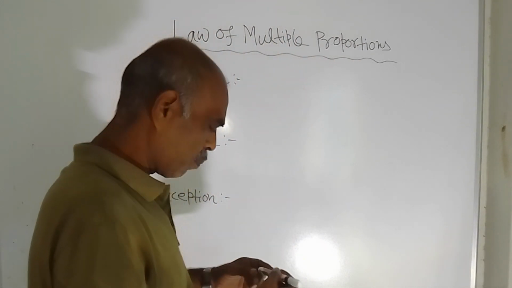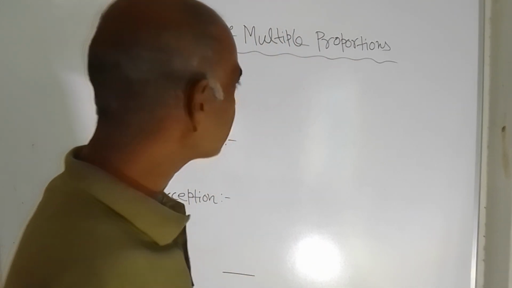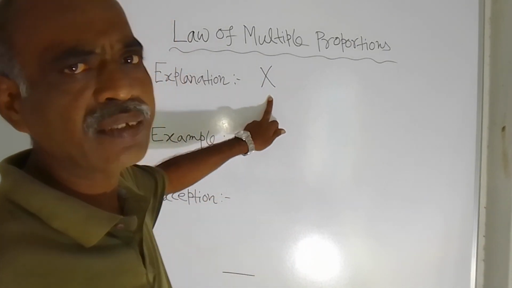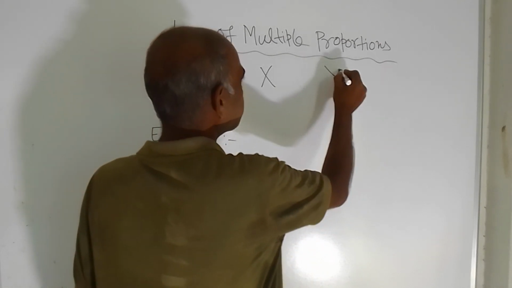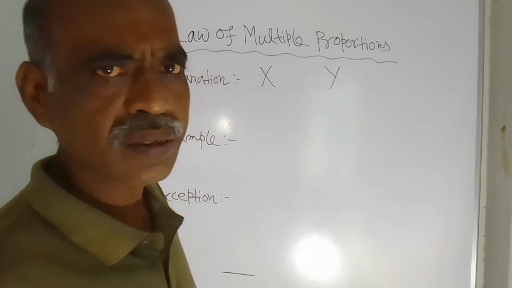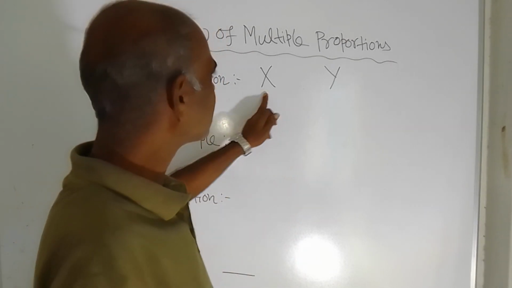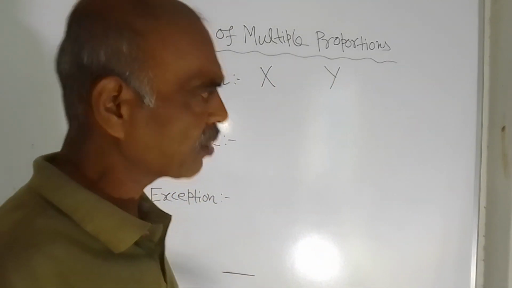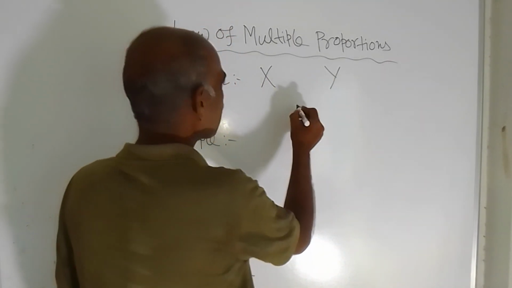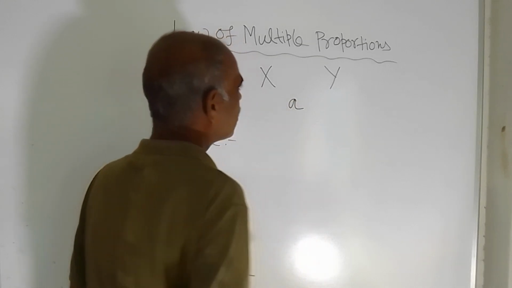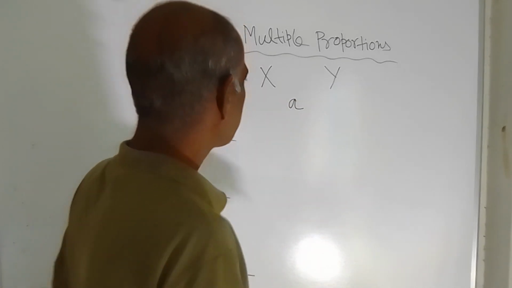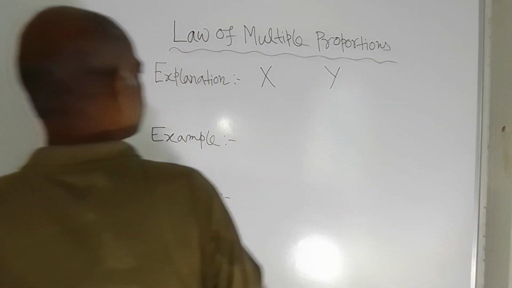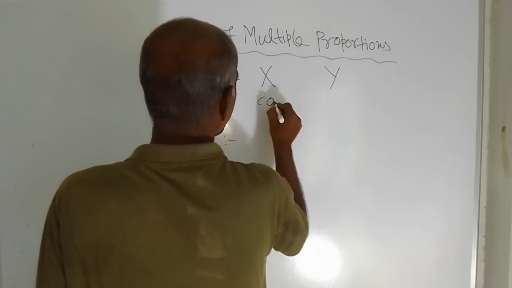So explanation is what? Suppose I have taken one element, name of the element is X. I have taken another element which is denoted by Y. Suppose X reacts with Y to form three types of compounds, different compounds. Compounds are, I am writing here, compounds.